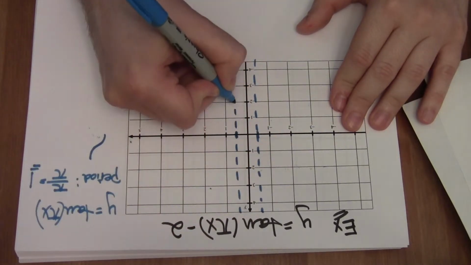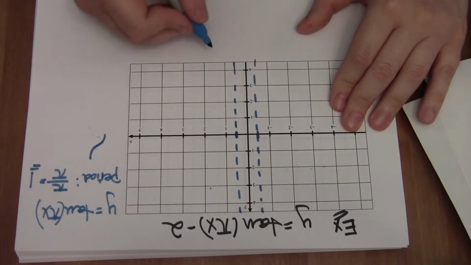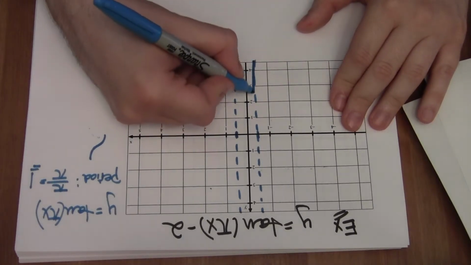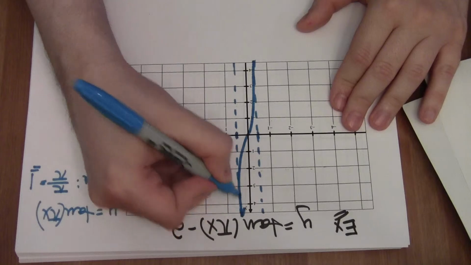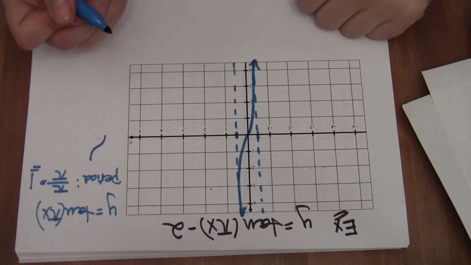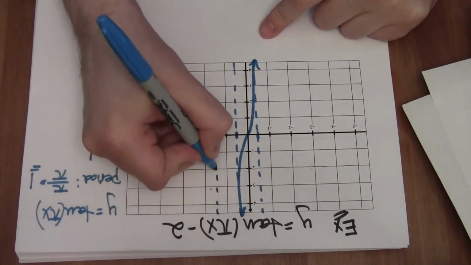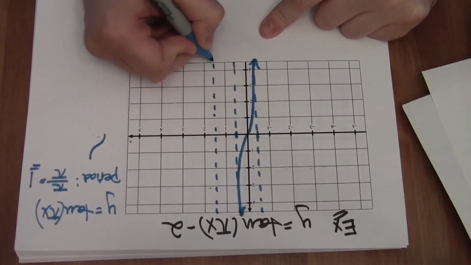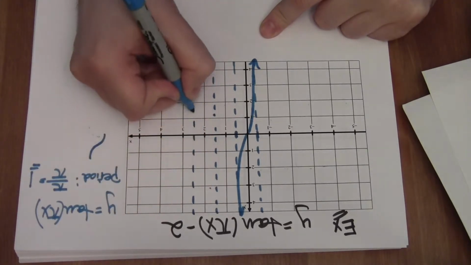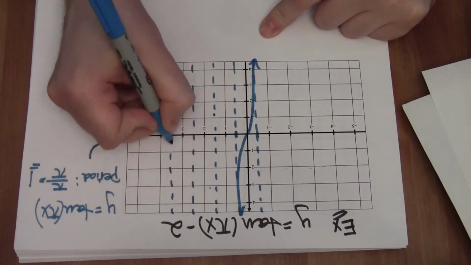I'm horizontally compressing my tangent by a factor of pi. One piece will look like that. I'm going to continue with vertical asymptotes halfway between all my integers on the x-axis.